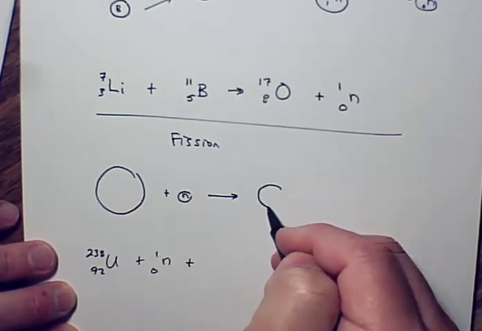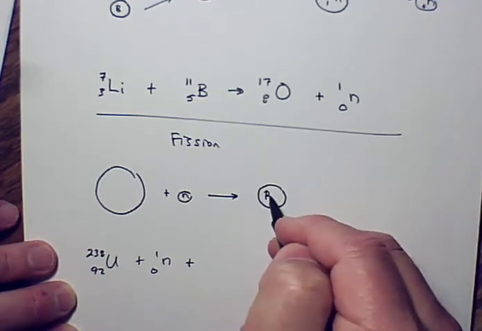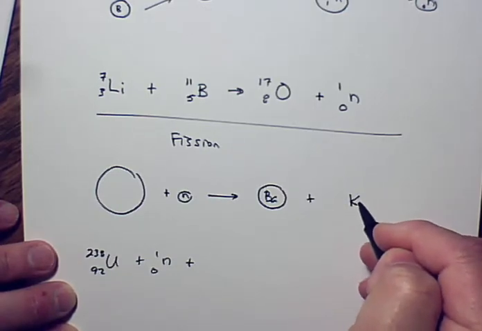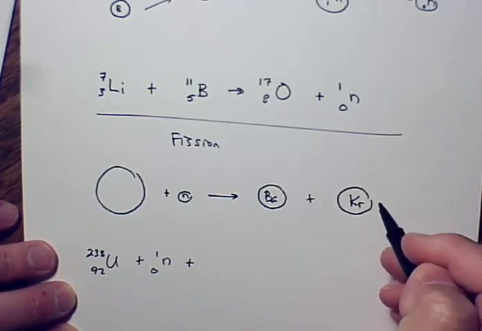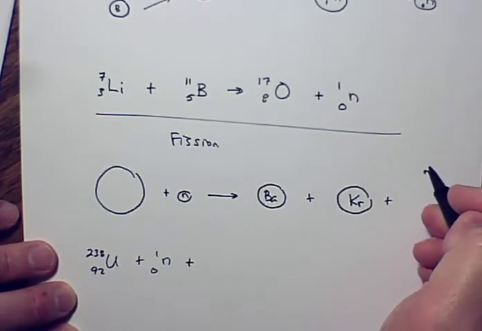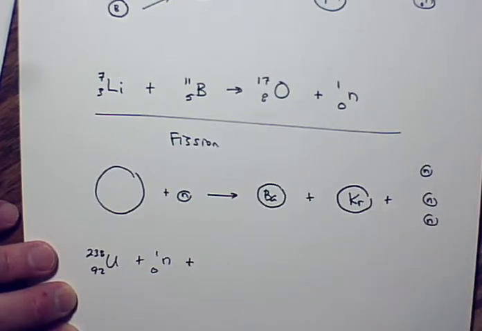All right, so let's say we get this really large particle, which is going to be barium. And this really large particle, which is going to be krypton. And we're going to get some number of neutrons out of this. We'll have to figure out how many to put over here.